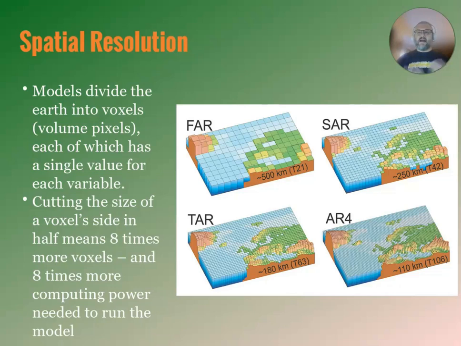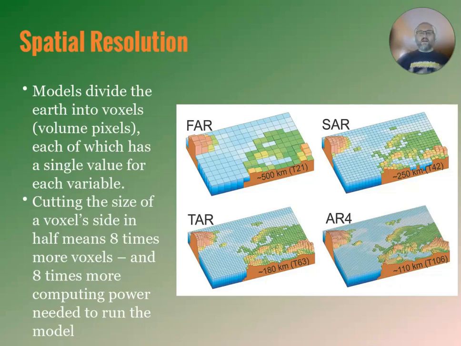And you can see in the diagram there how the spatial resolution of the climate models changed over the course of the first 4 IPCC reports. So later in the semester, we're going to talk about the IPCC, the Intergovernmental Panel on Climate Change. It's kind of a global organization that puts out these big reports that summarize the state of climate science.